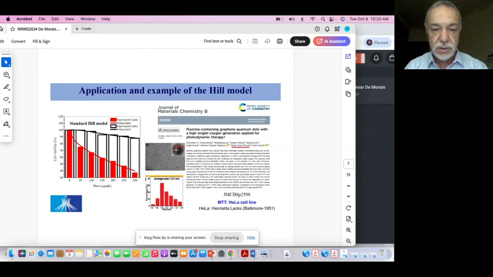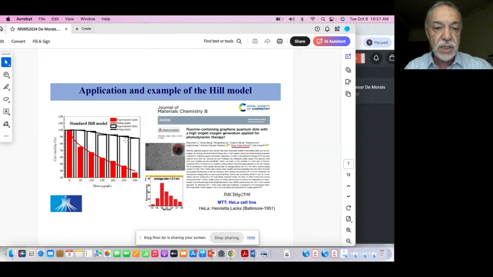In the corner here, you can see the high resolution TEM, just to check the interplanar distance and check that the phase we were working with was exactly graphene quantum dots. Of course, with different syntheses we come out with a mean particle size slightly different, but not far from about 2 nanometers in diameter.